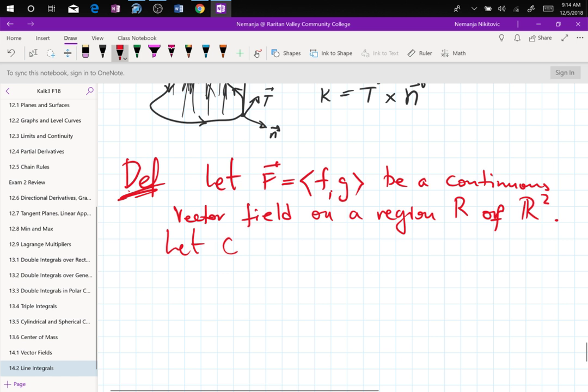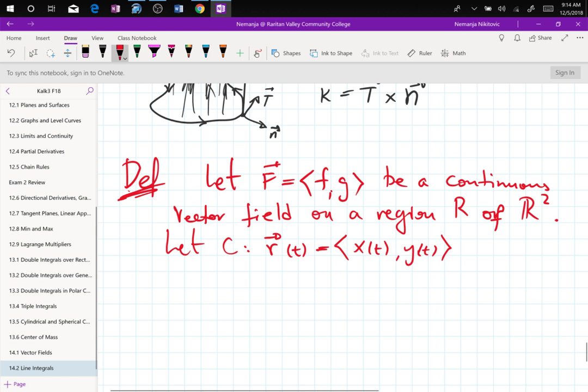Let curve C be given by that parameterization r of t, which is good old x of t, y of t. We just had the example with the sine and cosine unit circle, where a is less than t less than b.